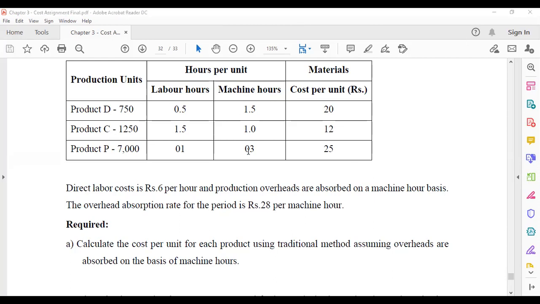Okay, so without taking much time, shall we have a look at that? It won't take much time. It's just asking how this works under a traditional system, right?